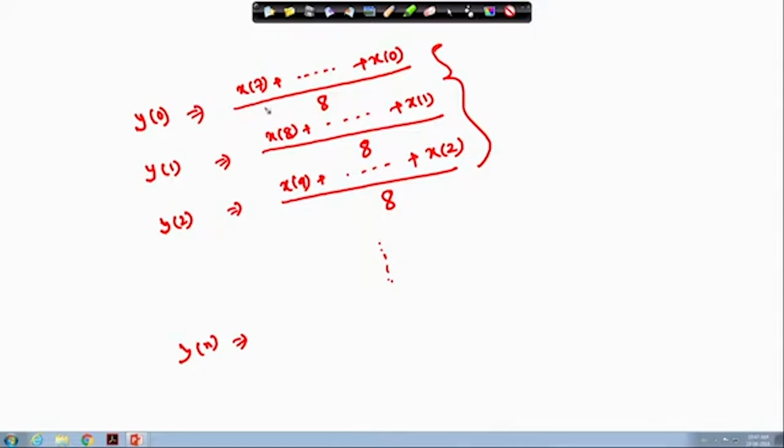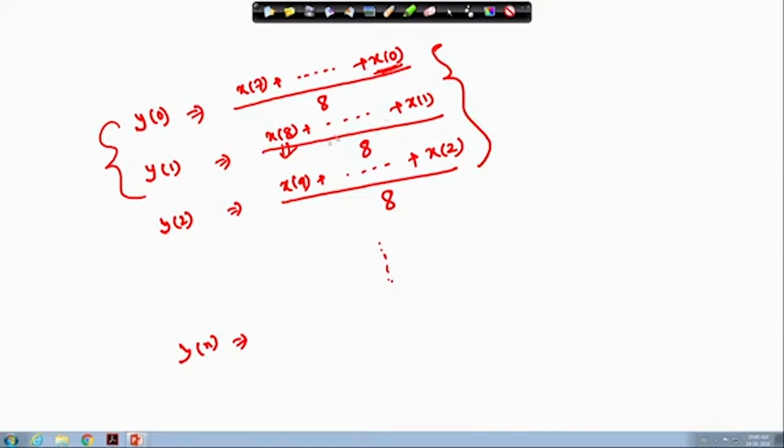So, if I look into these two, y 0 and y 1, the only thing is that in this position x 0 is here, and in this case the newer value is x 8. That means x 0 is not common in these two cases, and x 8 is the other number which is not common. Rest of all the values are the same in these two equations.